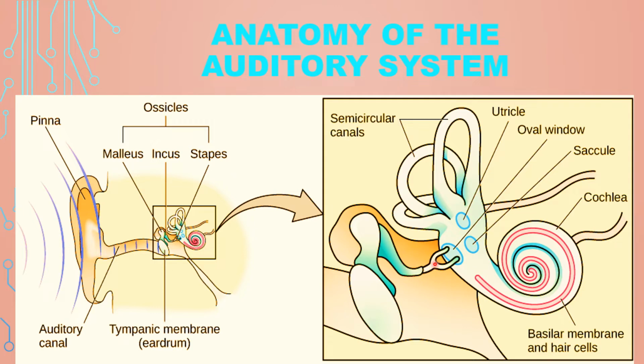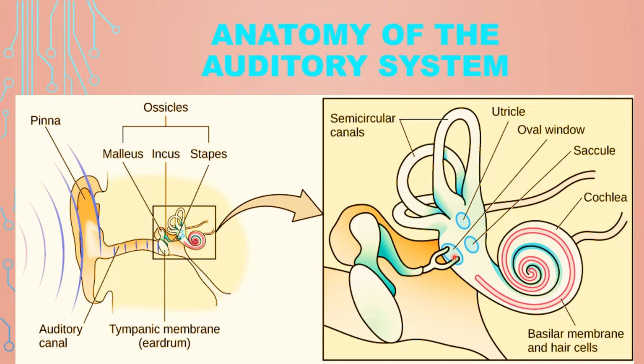They get vibrated and the stapes is pressed into the thin membrane of the cochlea, and this is known as the oval window. So the vibration makes the stapes press into the oval window.